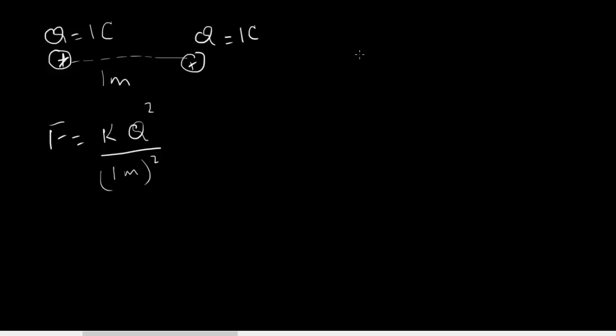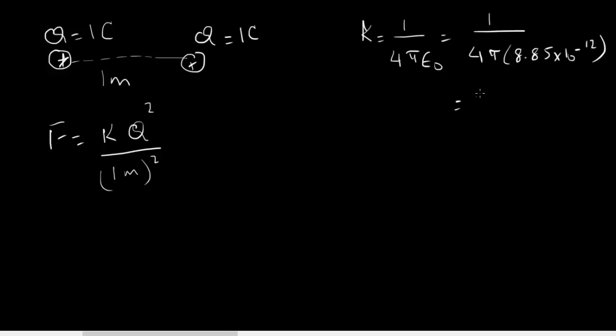A remark: k is equal to 1 over 4 pi epsilon naught, which is equal to 1 over 4 pi times 8.85 times 10 to the minus 12, and that's equal to 9 times 10 to the 9 newton meters squared per Coulomb squared.